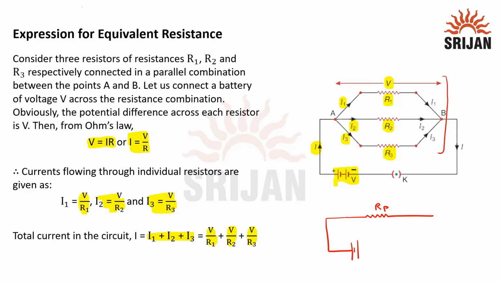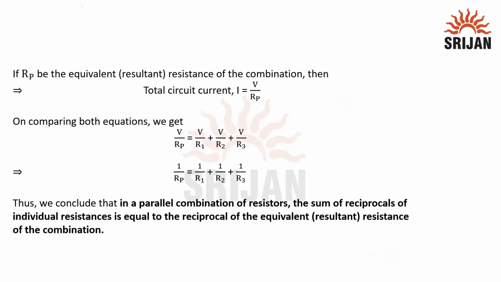So this is the circuit, the battery voltage is V and the current flowing in this circuit is I. So the potential difference across this equivalent resistor is the potential difference or the voltage of the battery. So this is the equivalent circuit of this parallel combination.